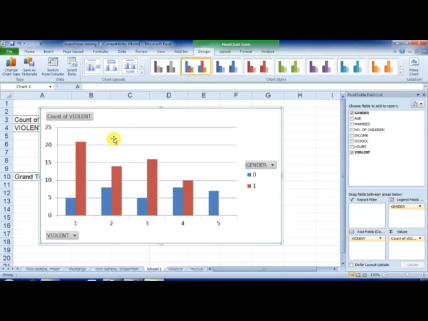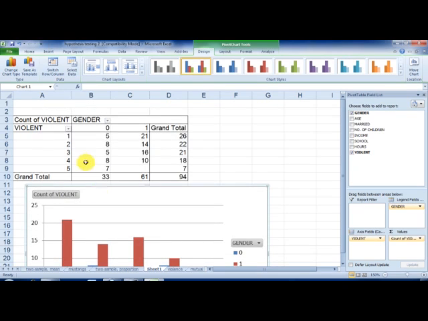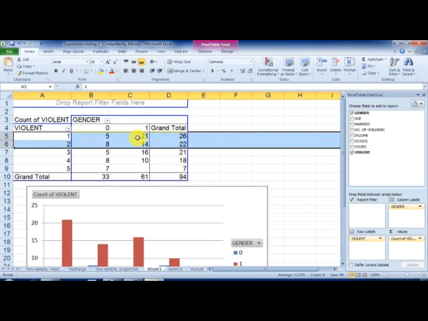So what if we focus on the ones and the twos, which is lots of violence, moderate violence? So what if we look at the percentage of women here versus the percentage of men there? So from a numbers perspective, we're looking at 21 plus 14 women, 5 plus 8 men, out of all the women altogether. So 21 plus 14 out of 61 compared to 5 plus 8 out of 33. So that could be a test on, do women perceive programming as more violent than men?